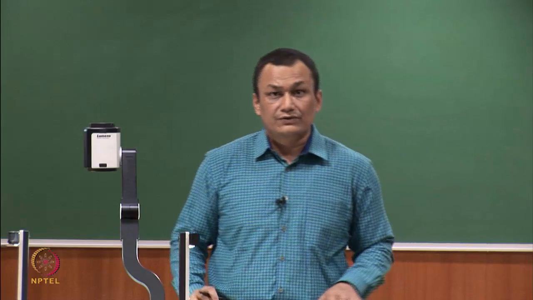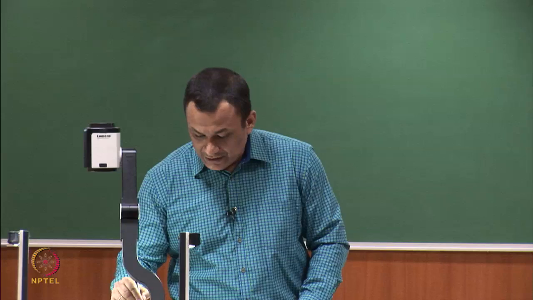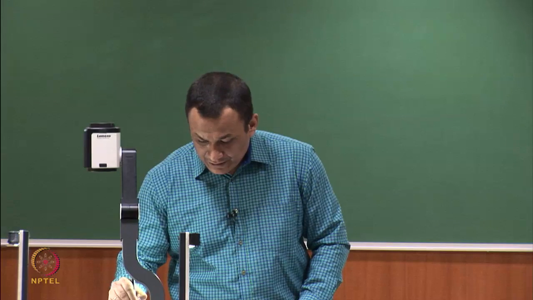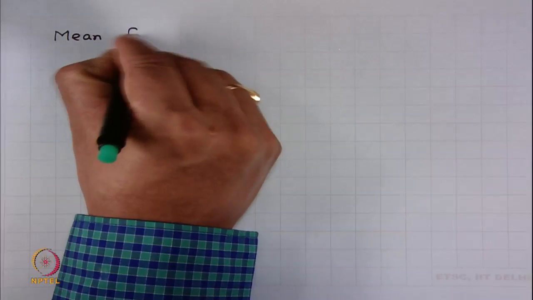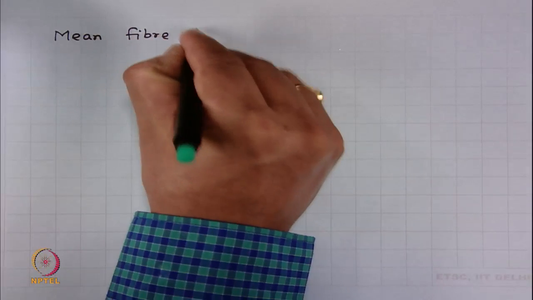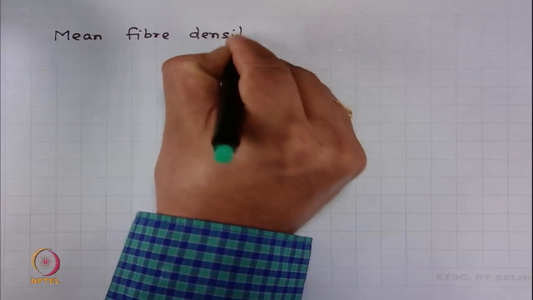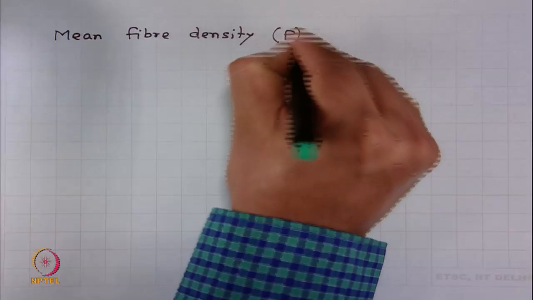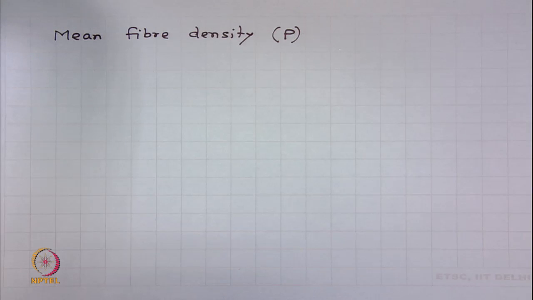Now we will discuss one important characteristic of blend that is known as mean fiber density, that is rho of blend.